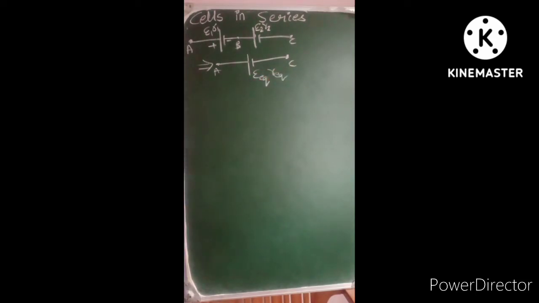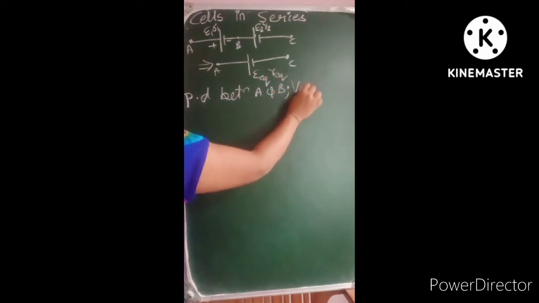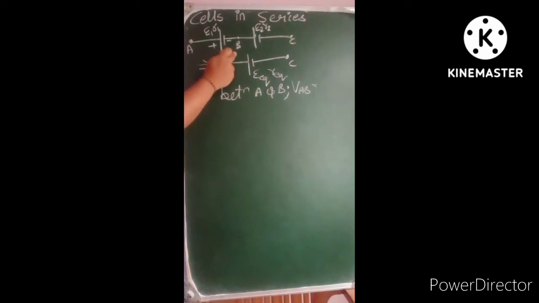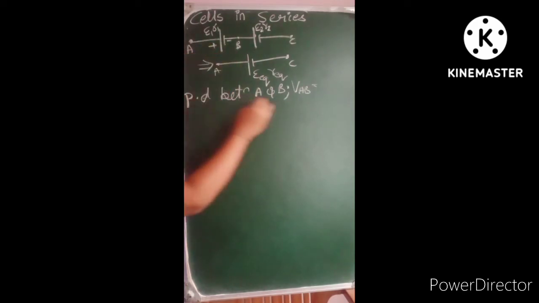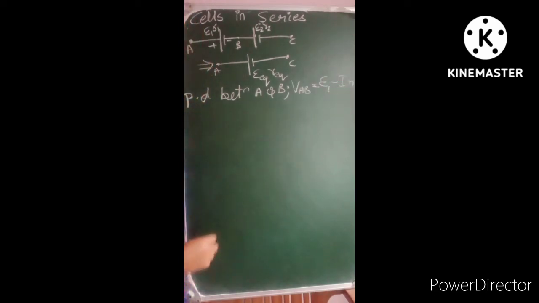We first consider the potential difference between A and B. VAB is equal to E1 minus IR1.